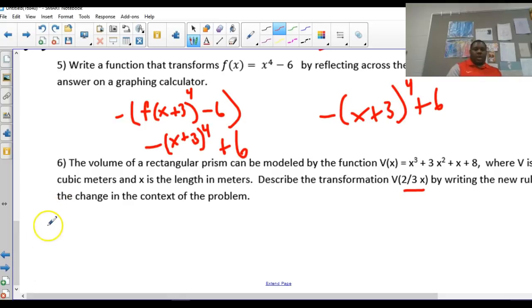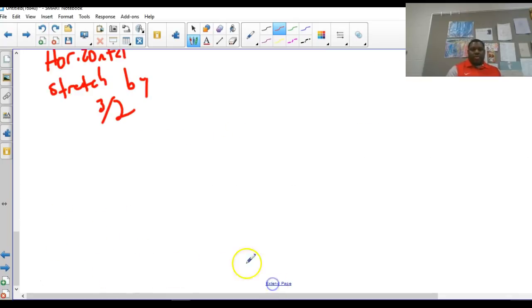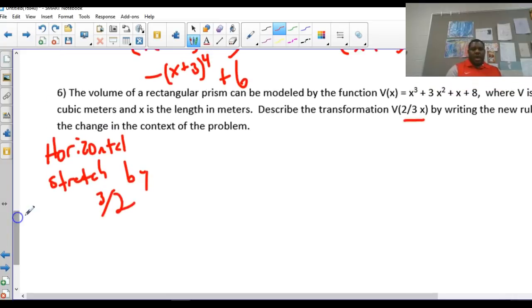What that means is we're going to have a horizontal stretch by its reciprocal, which is 3/2. We're going to have a horizontal stretch by 3/2, because remember you use the reciprocal.